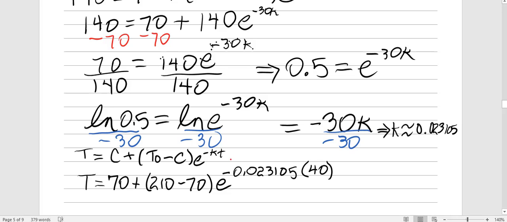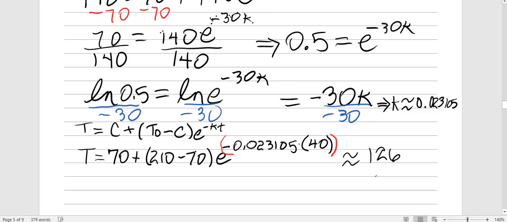And when you put this in your calculator, you have to make sure that the product between the negative k and the t is parenthesized. And so I'm going to put this directly into the calculator. So we get that our cake temperature after 40 minutes is about 126 degrees Fahrenheit.